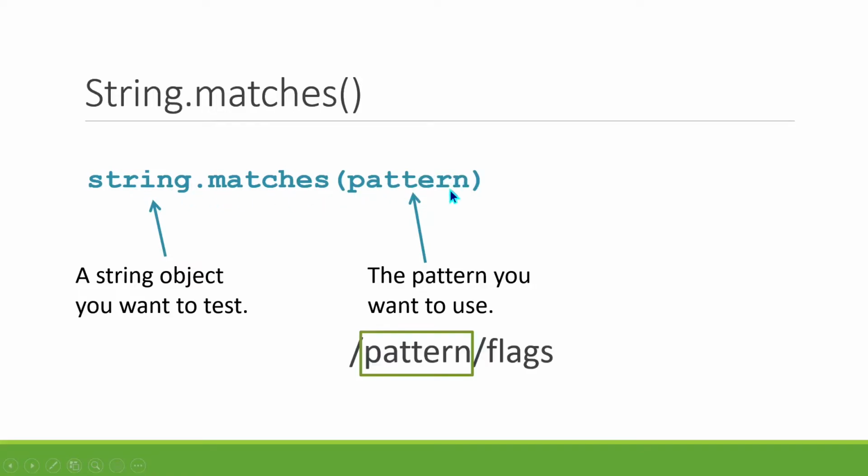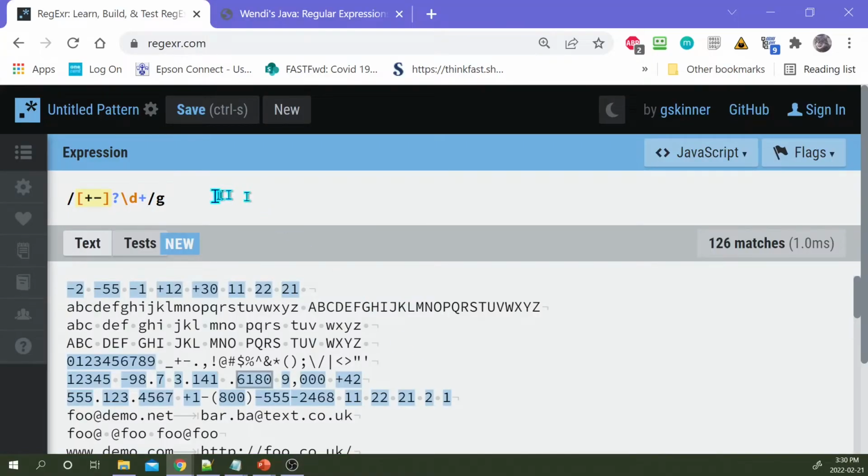And then this is the actual pattern portion of your regex expression. Recall that a regex expression is a /, a pattern, which contains tokens, and then another / followed by any flags. We actually don't need anything except the pattern part. And that was the part that I actually just copied and pasted. I copied this piece. That's what I copied and pasted to the clipboard, which is good.